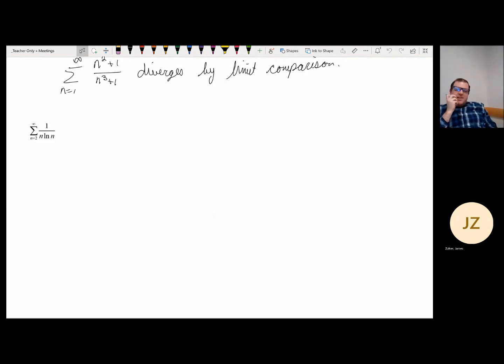Summation n equals 2 to infinity of 1 over n times log of n. Do we think convergence or divergence?